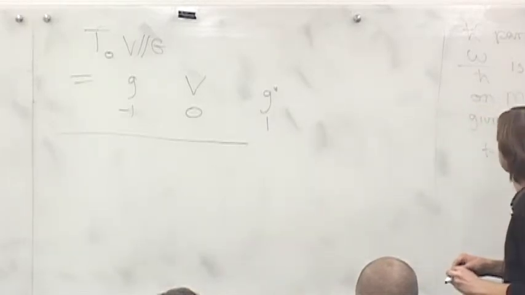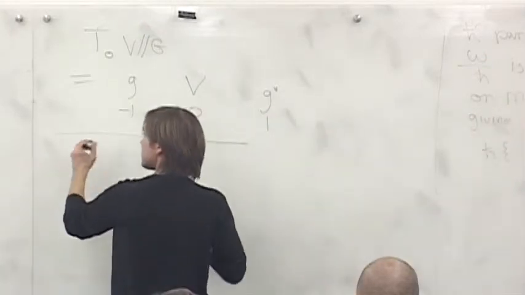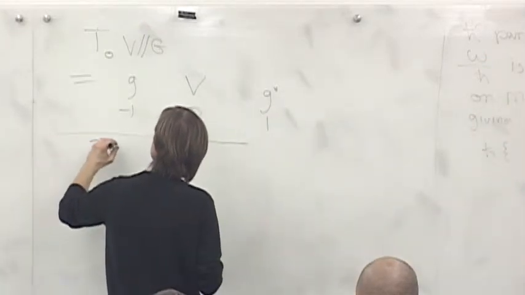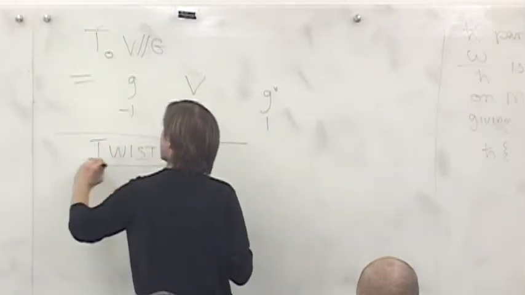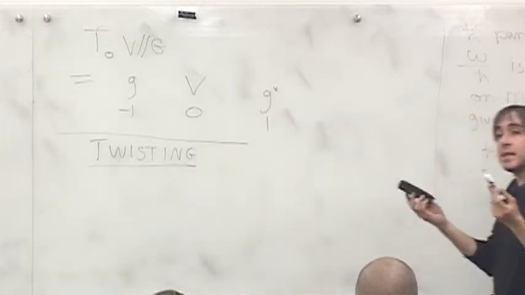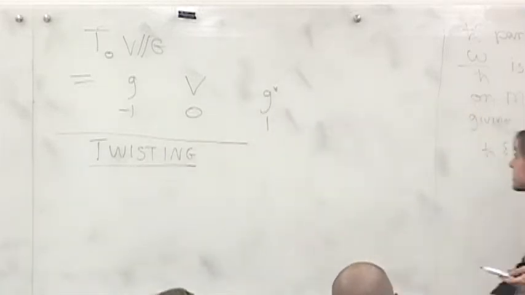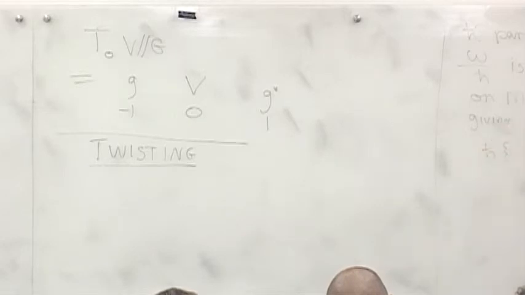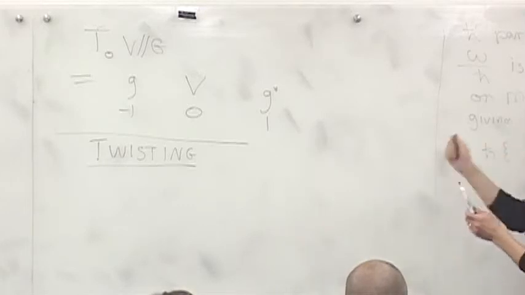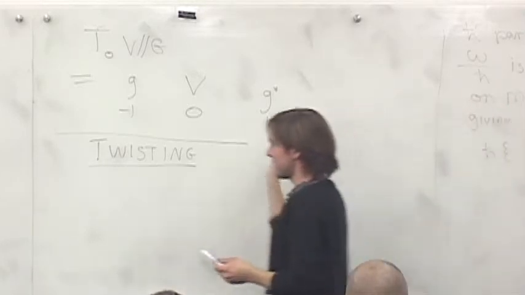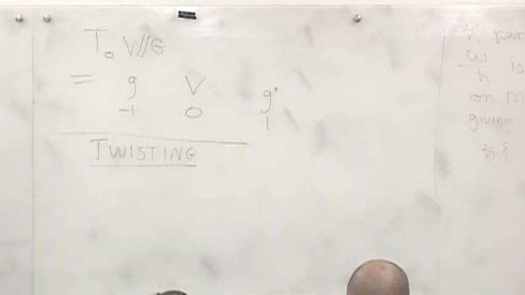Where are we going? I want to say briefly what twisting is. My aim today was, firstly, to introduce this class of field theories. The reason this class is really good is that, as far as I can tell, every supersymmetric theory in dimensions less than 6 can be written in this way. These are all the ones we've been talking about, and they have some simple description in this way.